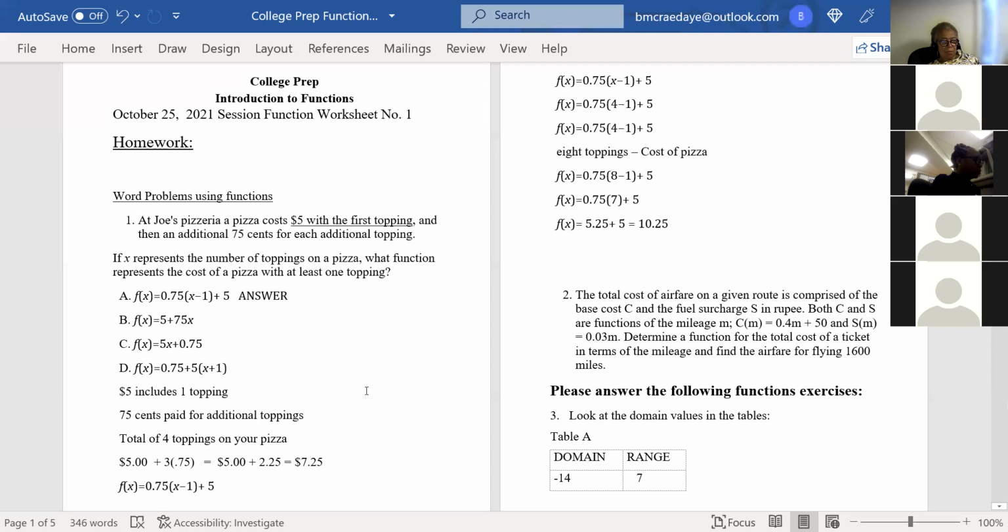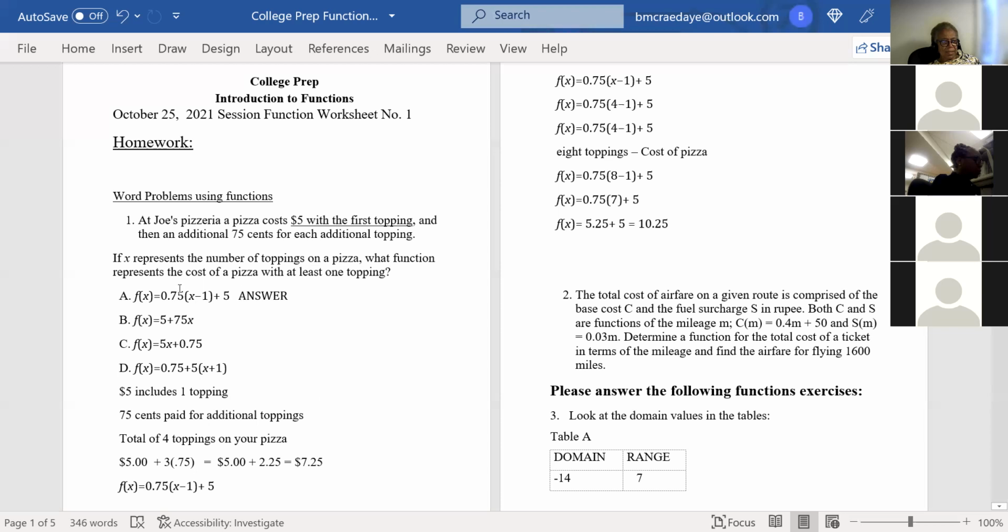At Joe's Pizzeria, a pizza costs $5 with the first topping, and then an additional 75 cents for each additional topping. If x represents the number of toppings on a pizza, what function represents the cost of a pizza with at least one topping? Okay, now we went through it and we got the answer A.